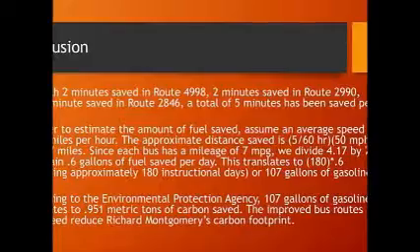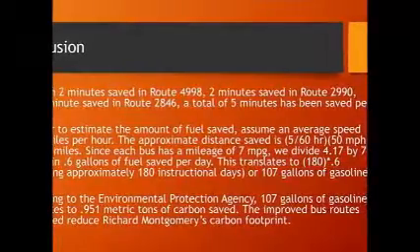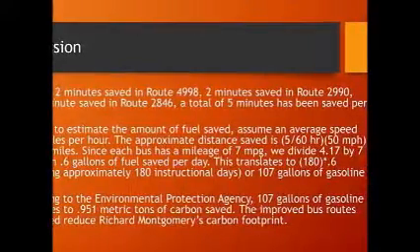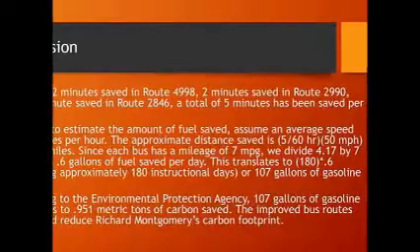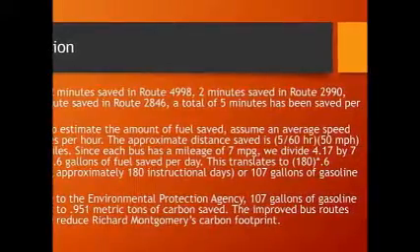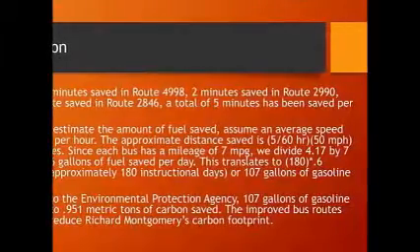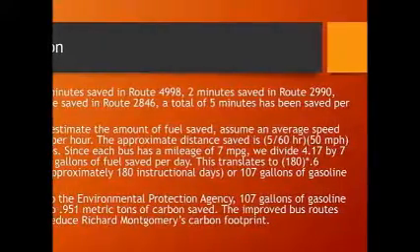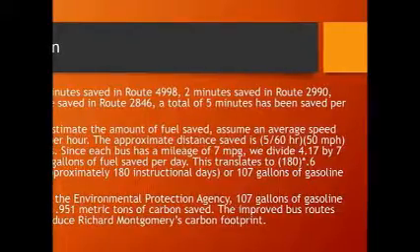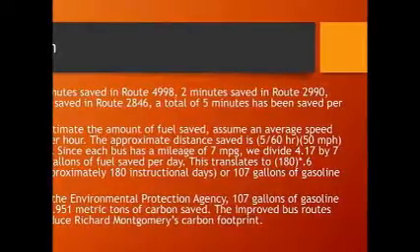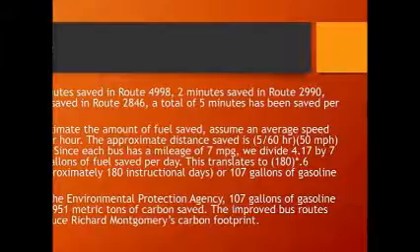This translates to 180 times 0.6, assuming approximately 180 days of instruction, or 107 gallons of gasoline saved. According to the Environmental Protection Agency, 107 gallons of gasoline translates to 0.951 metric tons of carbon saved. The improved bus routes do indeed reduce Richard Montgomery's carbon footprint.